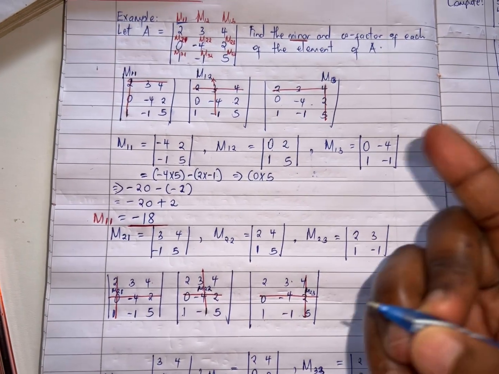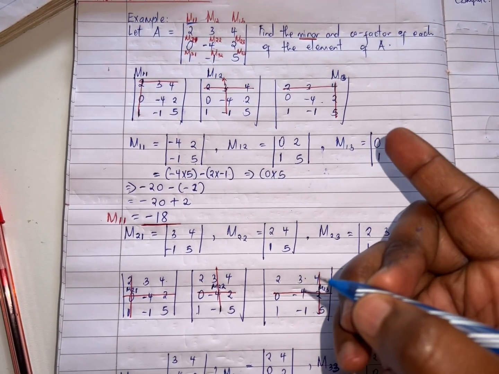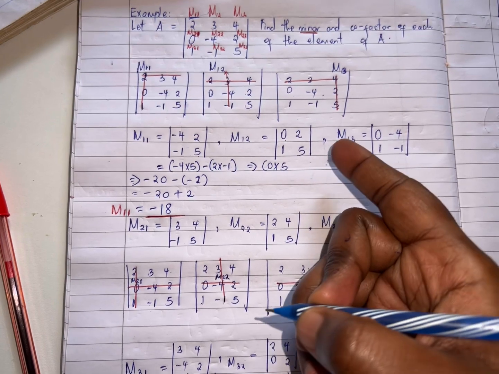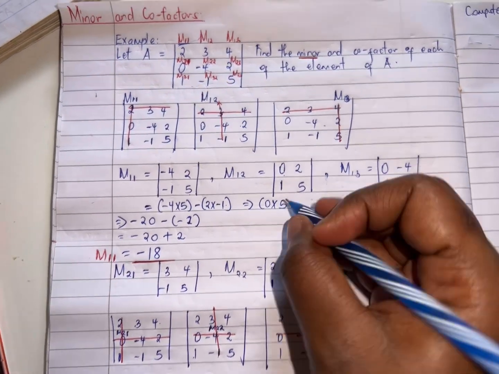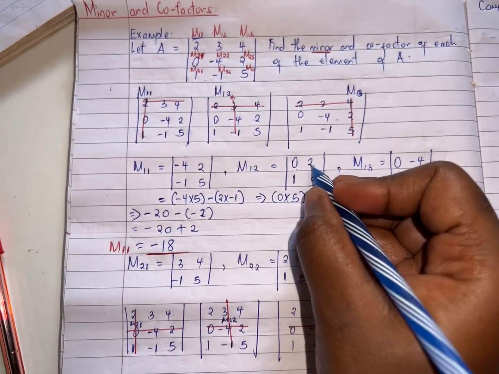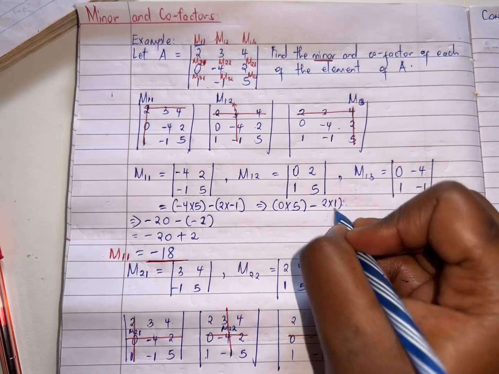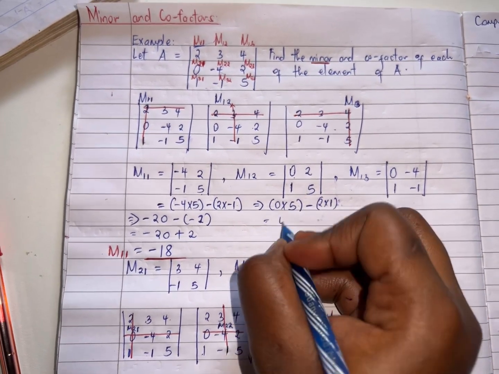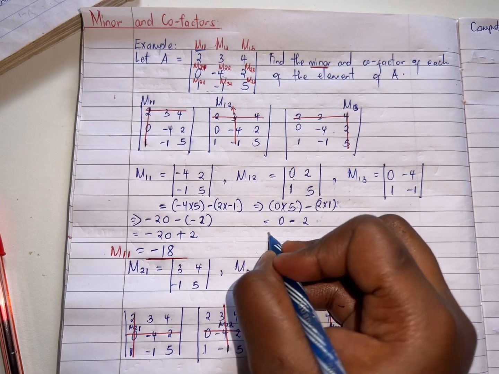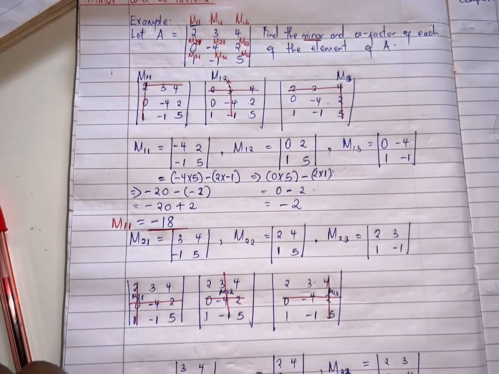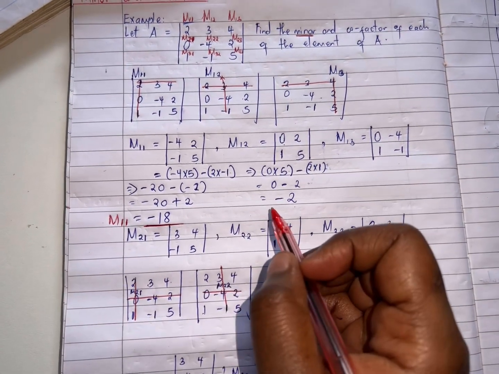So 0 times 5 minus 2 times 1. So that's 0 minus 2. That's negative 2 is our answer for M12.